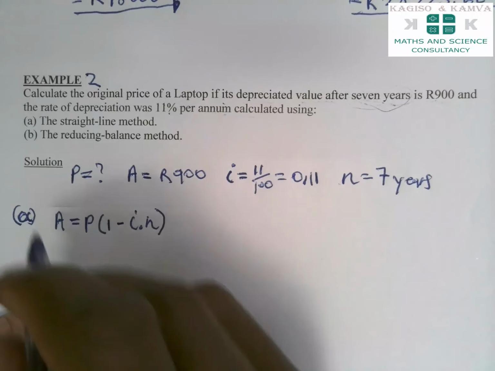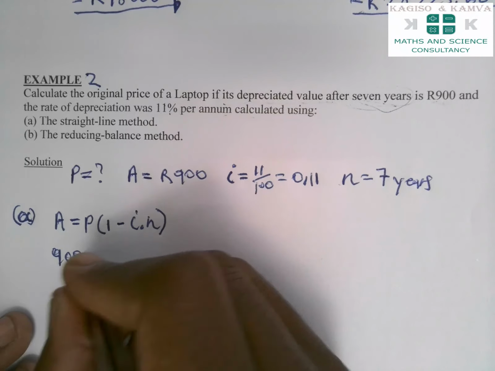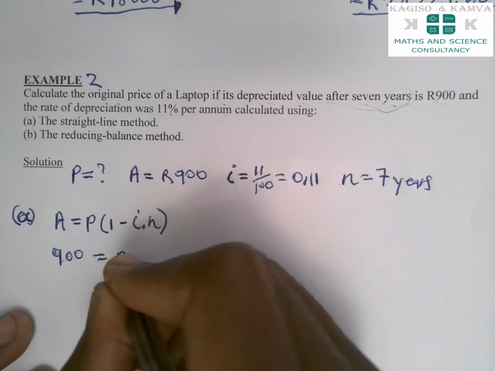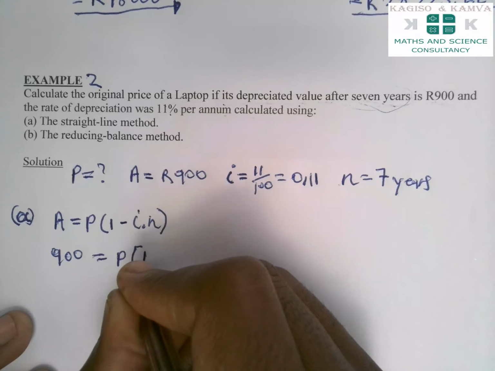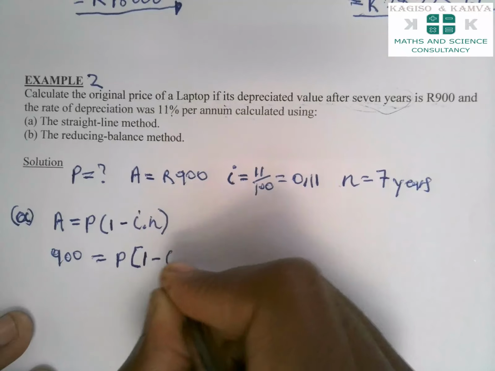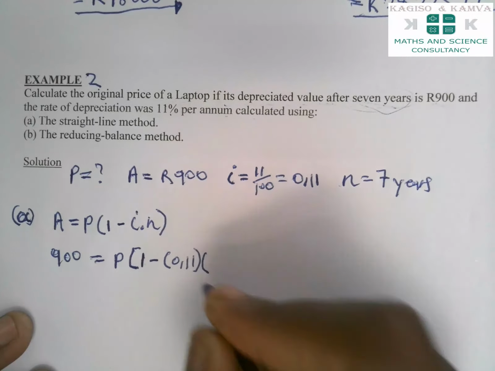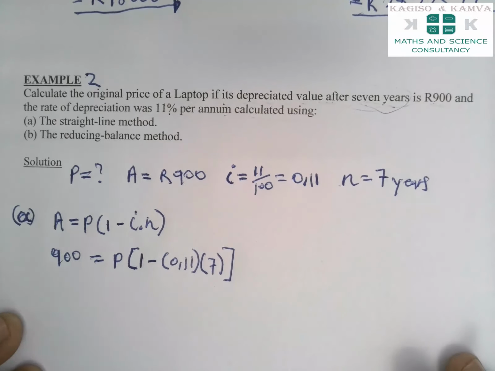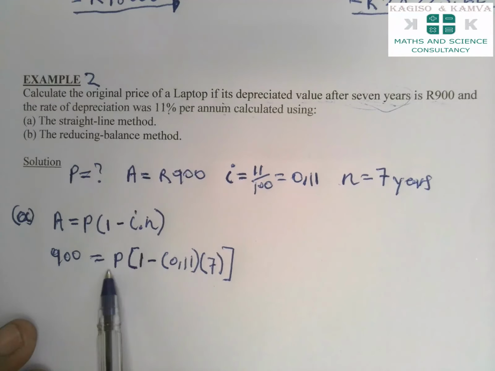So we have A, so we can simply say this is going to be 900 is equal to P into 1 minus 0,11 times 7.